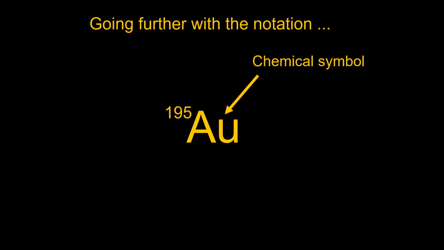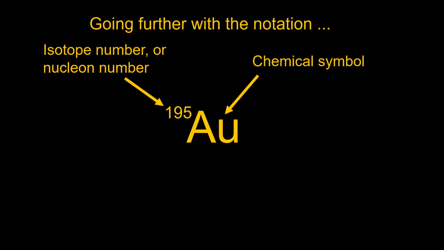We can do a little bit more with this notation, and we need to, because most of us don't have elements memorized by their atomic numbers. And so we'll see the symbol for something, and unless you're taking chemistry and you're fresh on it, you won't know what the atomic number is or what the number of protons is. So you may need help. So here's what we can do with this. We always start with the chemical symbol. Then the isotope number goes as a superscript on the left side.